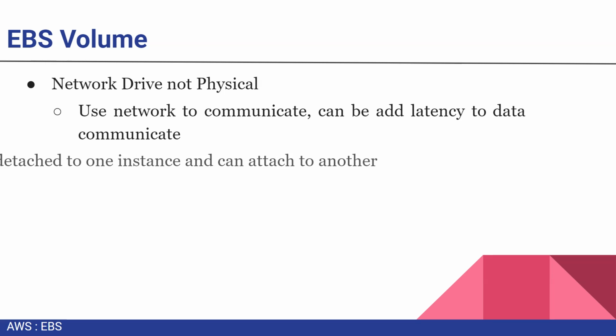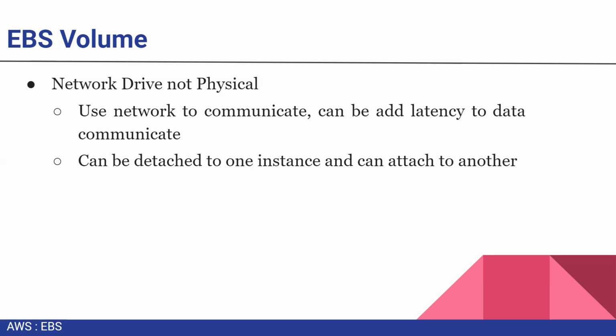It can be detached from one instance and attached to another instance, so it is movable. Your data persists in the EBS volume, but if you want to use that data in another instance, you can simply attach it there.